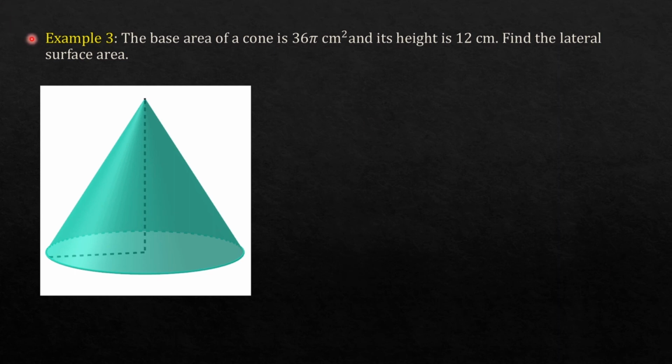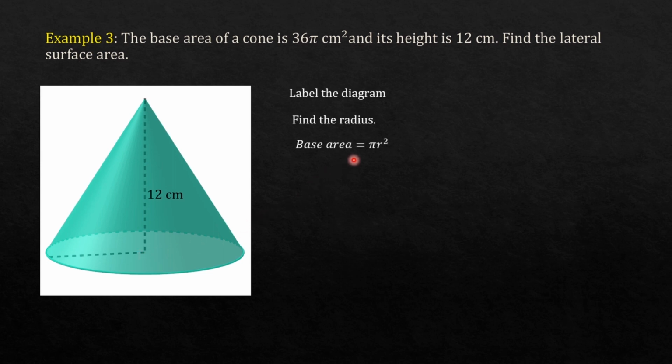Example 3. The base area of a cone is 36 pi square centimeters and its height is 12 centimeters. Find the lateral surface area. We'll label the diagram. The only thing we know so far is the height, which is 12 centimeters. We need to find the radius.